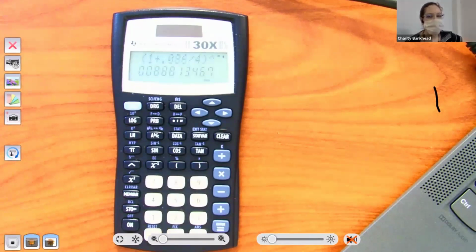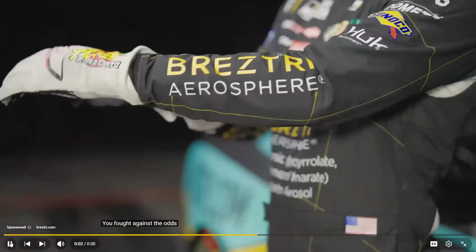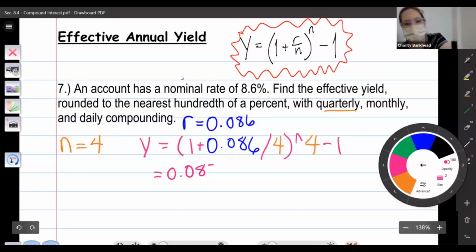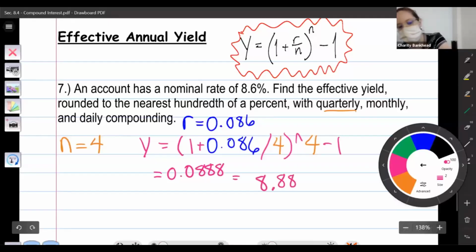So 0.0888, we're going to round that to 4 decimal places for right now. So that way, when we change it to a percent, it'll be rounded to the nearest hundredth, which is what they asked for in the instructions. All right, so that is 8.88%.